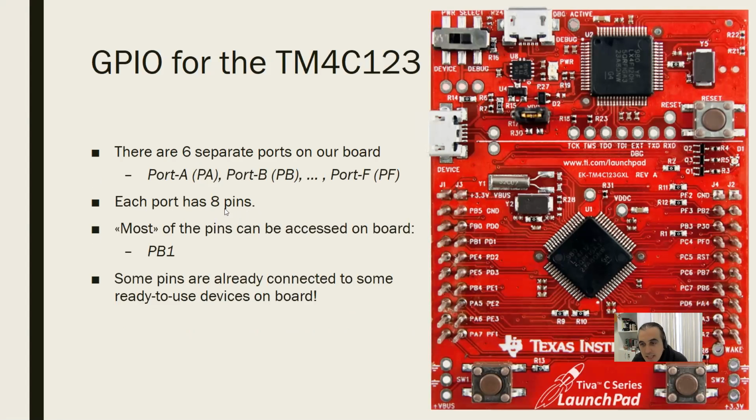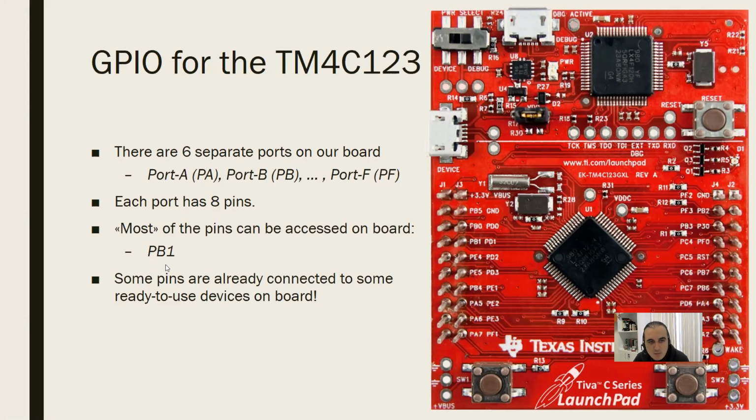And each port has 8 pins, which means you can communicate 8 bits. You want to send 8 bits, you send to one of the ports, and you can read it from that port. These are theoretical definitions right now, but you will realize what they actually are when we go deeper into GPIO. Almost all of the pins can be accessed on board.